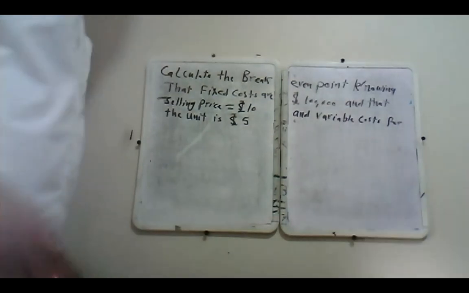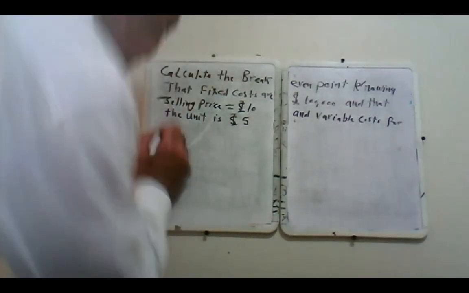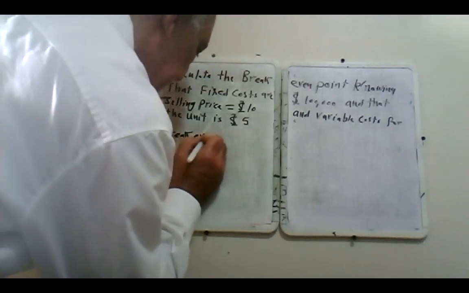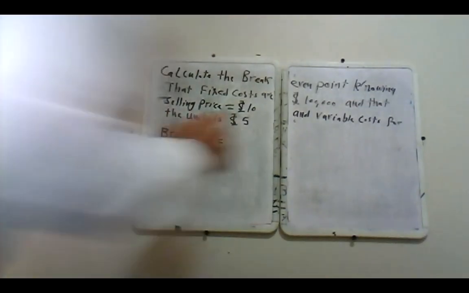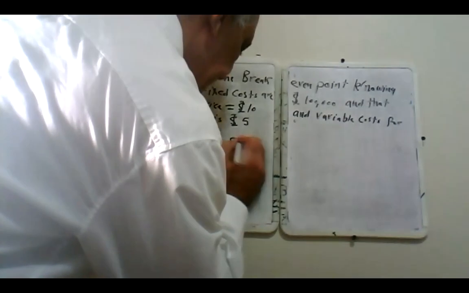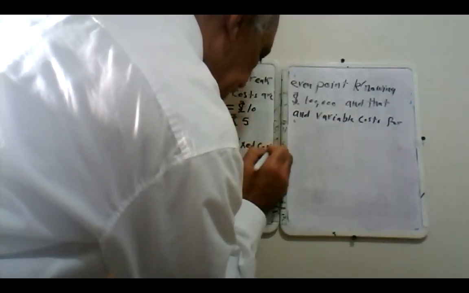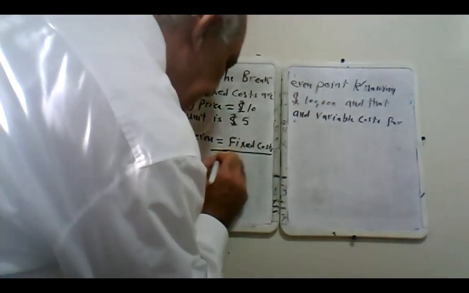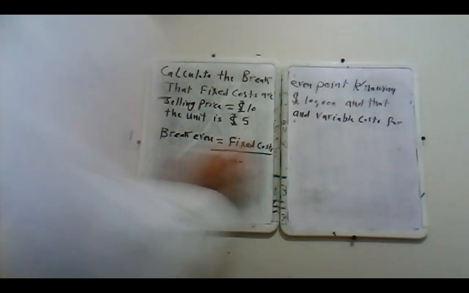So first, the break-even point, where there is no gain, no loss, will equal this formula: the total fixed costs divided by the selling price minus the variable cost.